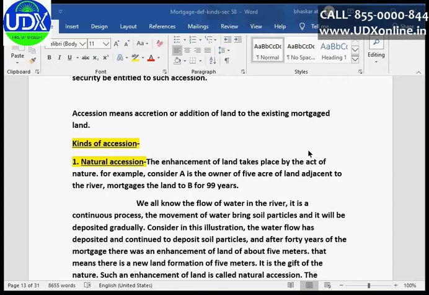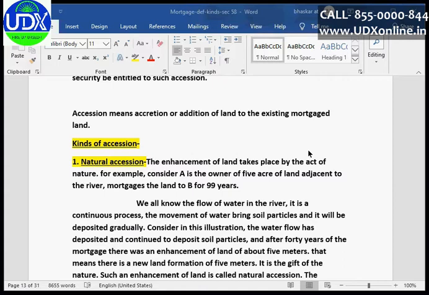I would like to alter my answer. Basically, in this context, it means the addition of land. Like we discussed about a situation of a newly formed island, which all of a sudden appeared near the Bay of Bengal. So here accession refers to that concept. Yeah, very good, very good.